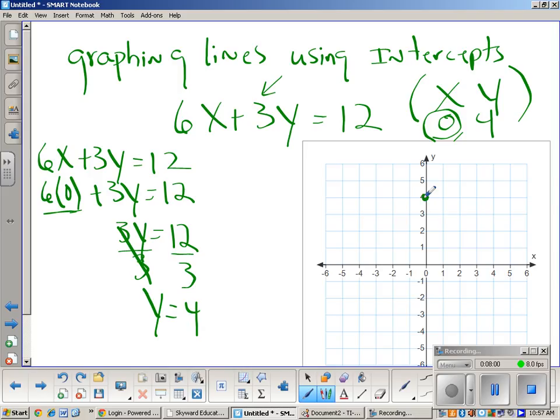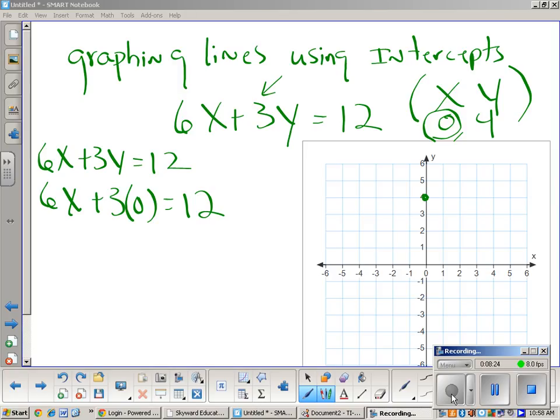Let's see if I just didn't randomly pick those numbers earlier. Now I'm going to go back again, and instead of putting a 0 in for the x, I'm going to put a 0 in for the y and solve for it. So you guys go back, I'm going to erase this, and solve for x this time and see what we get. 2.